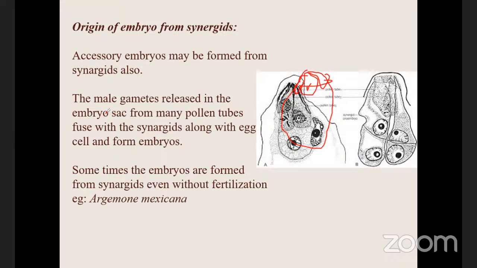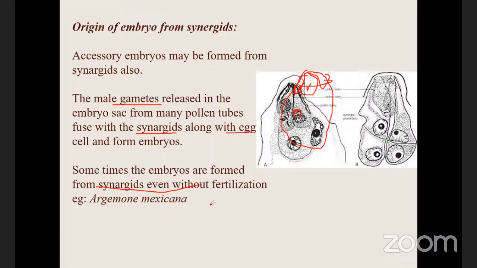If the male gamete from the pollen tube fuses with the synergids along with the egg cell, at that time more embryos form, the normal egg cell embryo and synergid embryos. Sometimes with stimulation, synergids also form embryos without fertilization.